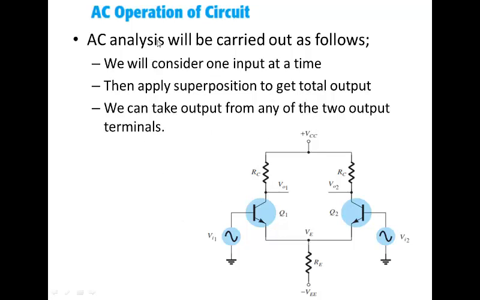When we perform the AC analysis, we consider these voltages to be 0, so they are short circuited, and then because we have two inputs, we can consider one input at a time and then apply superposition to get the total output. Now we can take output from any of the two output terminals. So we will take output from the second transistor's collector.